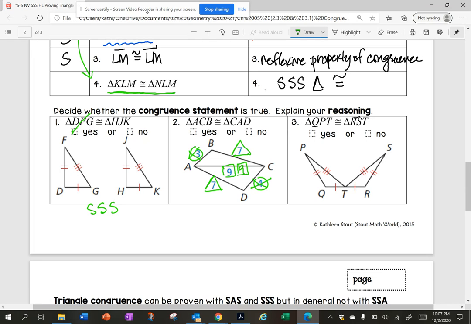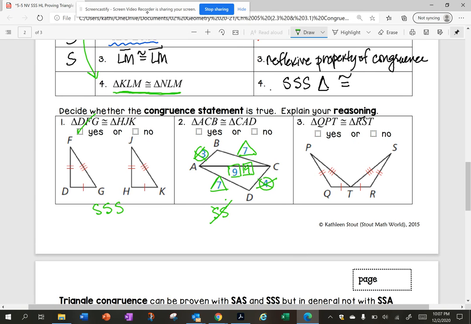So I just really have side, side. So since I don't have all 3, I'm going to say no, these triangles are not congruent. So what about the last example? I have 3 sets of congruent sides, so yes, this would be side, side, side triangle congruence.